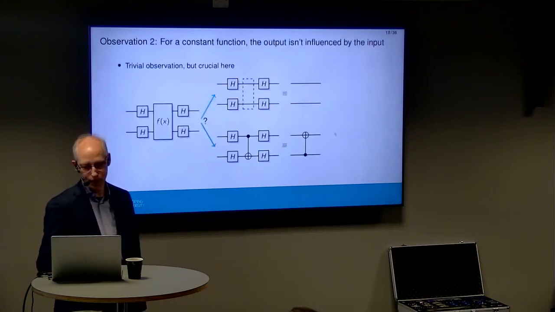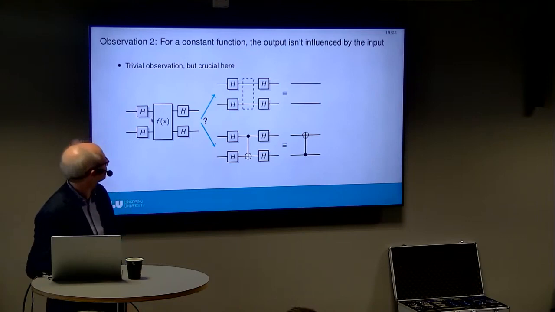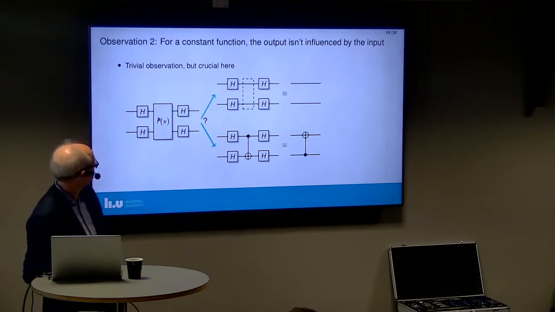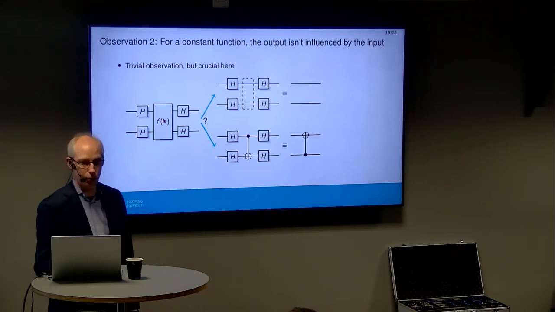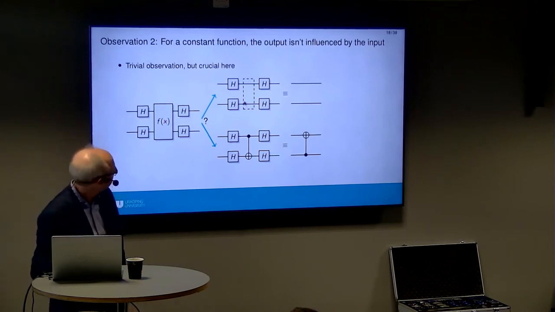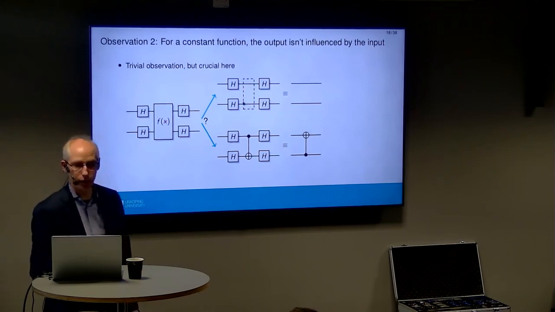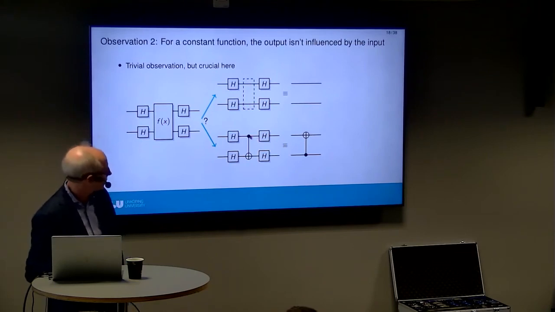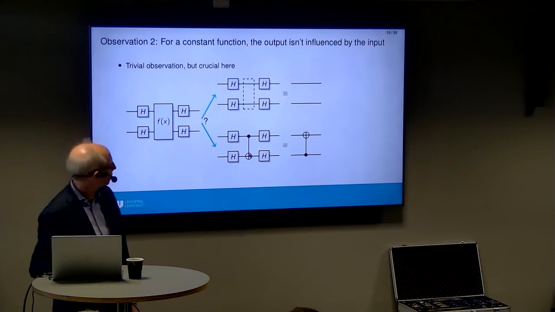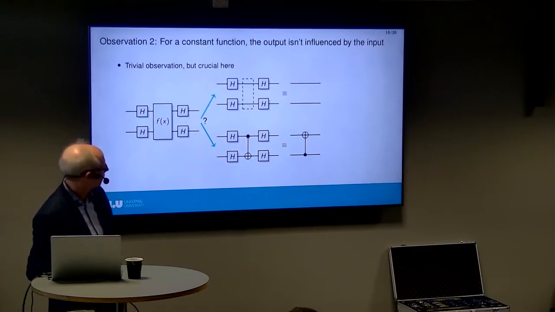So here's the simplest case. 1 bit input, that's the quantum algorithm that I showed you. And what we want to determine is whether this function here is constant, nothing happens, or balanced, something happens. You remember I told you if I put Hadamard here, this turns upside down.